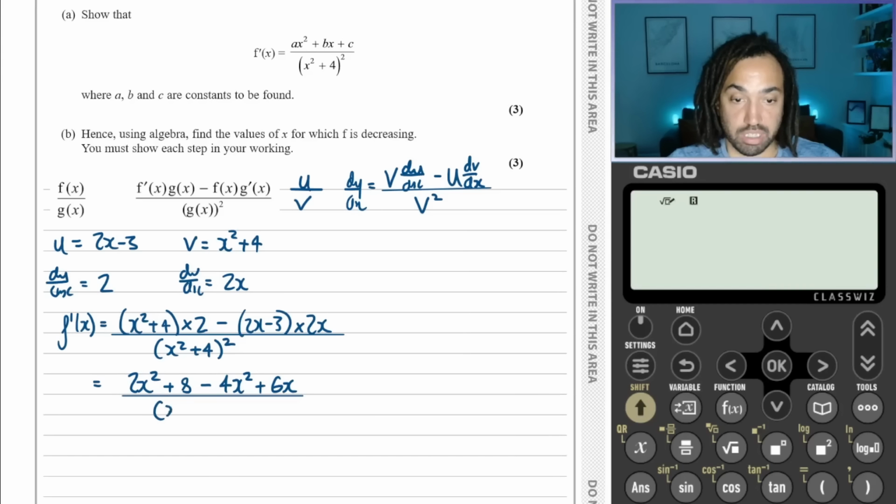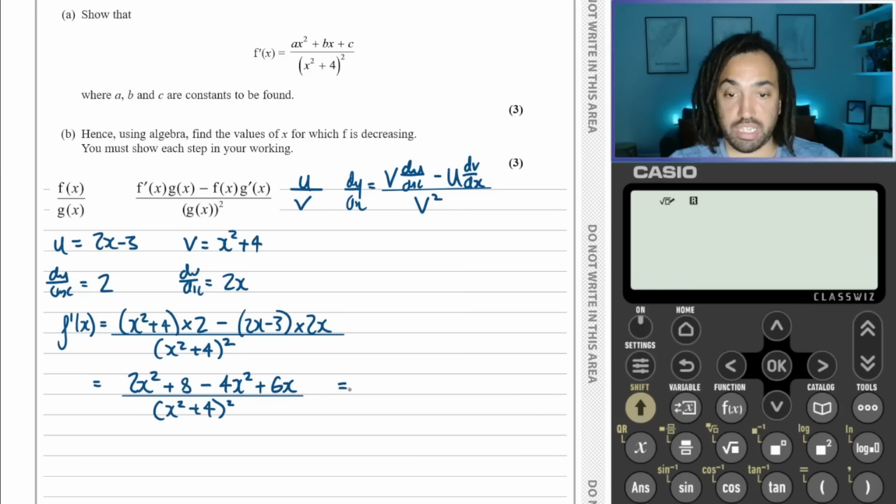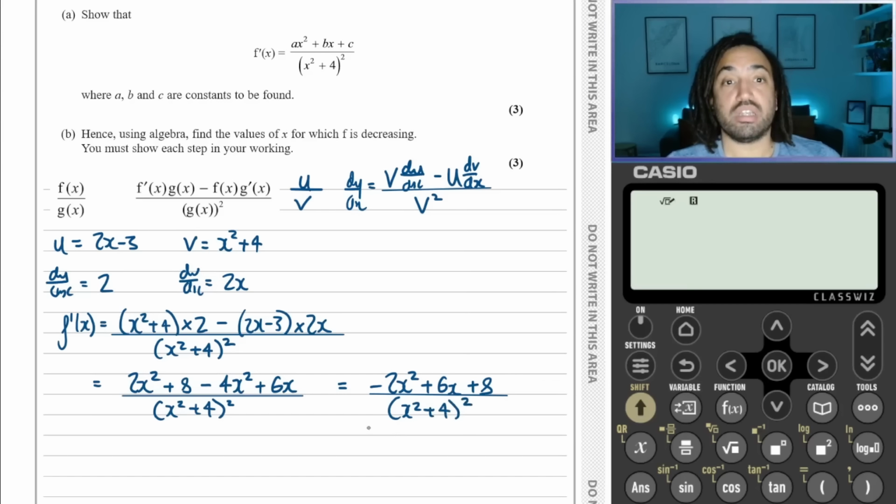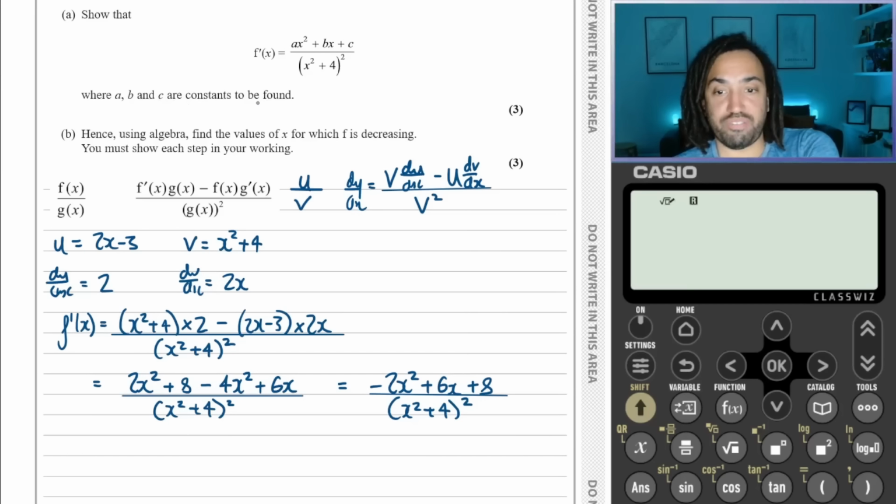Again, all over x squared plus 4 all squared, to give us a final answer of minus 2x squared plus 6x plus 8 all over x squared plus 4 all squared. Okay, it says where a, b and c are constants to be found.